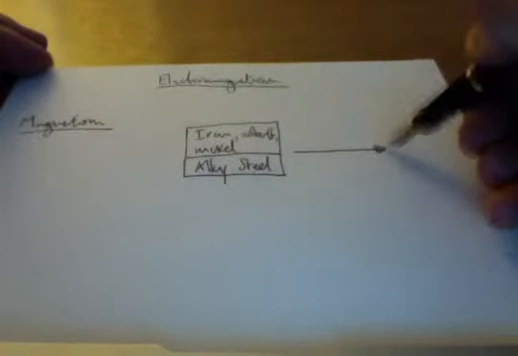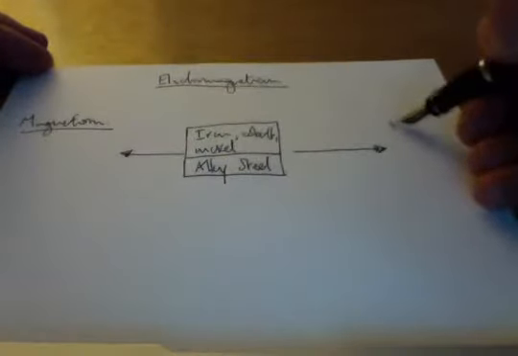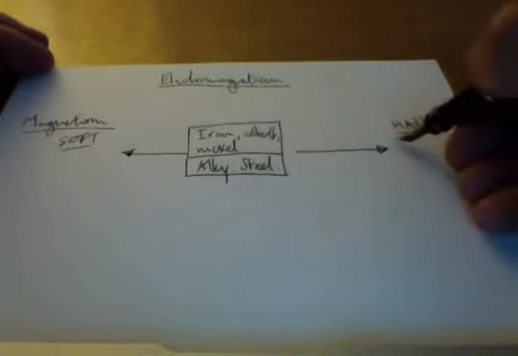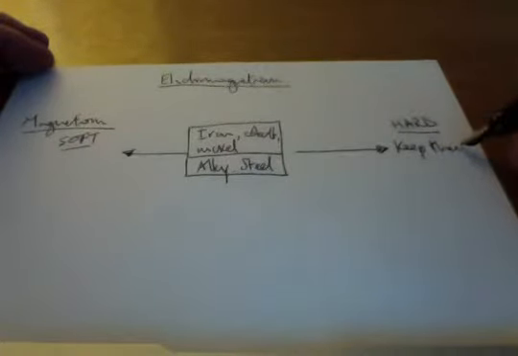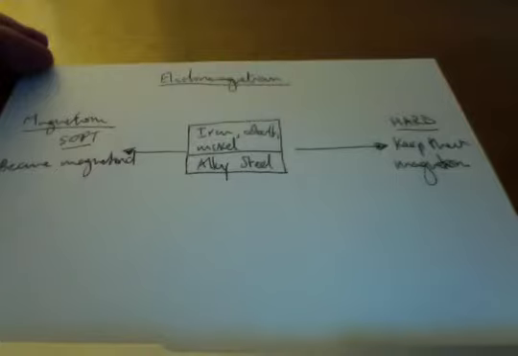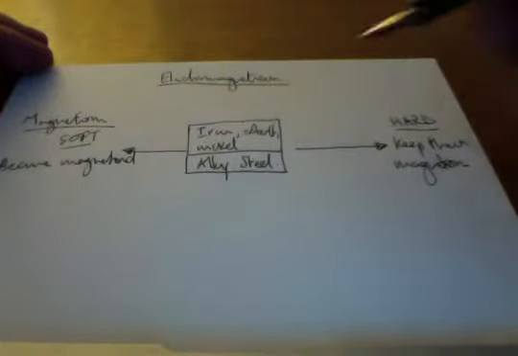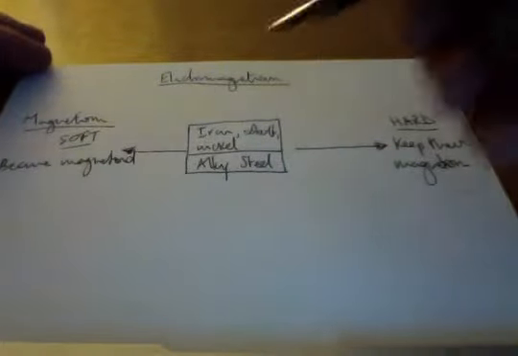Now, those magnetic materials will give rise to two types of magnets. One of them is known as hard, and the other one is known as soft. Hard magnetic materials are ones that keep their magnetism. And soft magnetic materials are ones that can become magnetized. However, when the magnetic material is removed, they lose their magnetism.